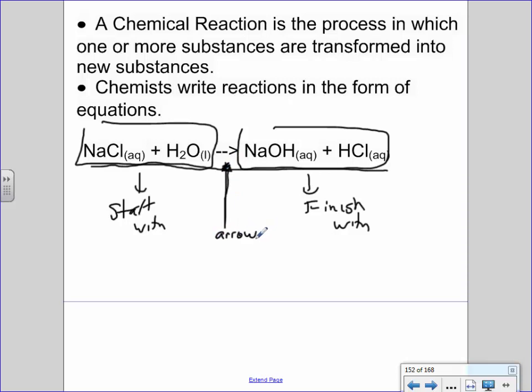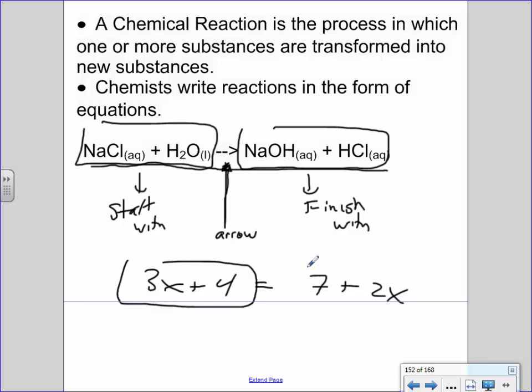Now, like in math, when you write an equation, what goes in a math equation in the middle? Yeah, an equal sign. In chemistry, rather than using an equal sign, they'll use an arrow. Okay. And so this really isn't that much different than it being like, say, 3x plus 4 equals 7 plus 2x. If you do math like this, this is what you're starting with, this is what you're finishing with, and there's a sign between it.